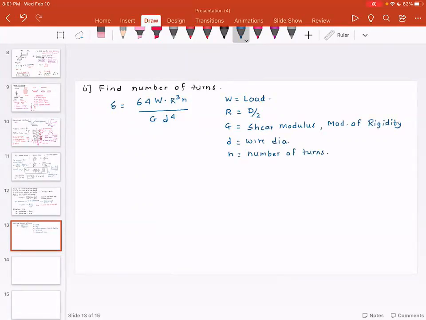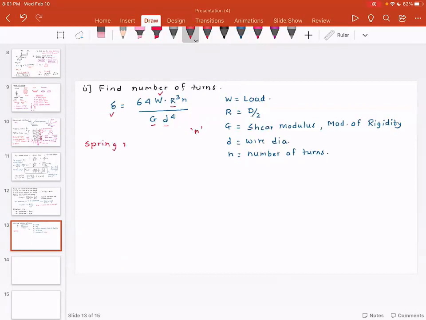So in this equation, typically delta value will be given to you. There are two ways this problem can be defined. Either they will give you the value of delta, they will give you the value of W, G will be known, R is already found out, d is found out, the only unknown is N. So all other dimensions are known, so you can find out the value of N. Alternatively, they can give you spring rate.